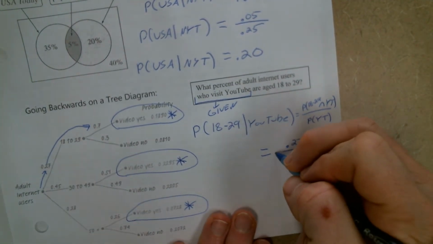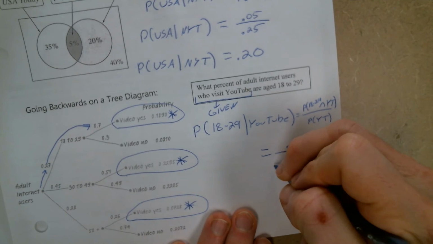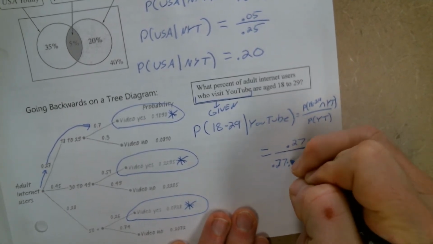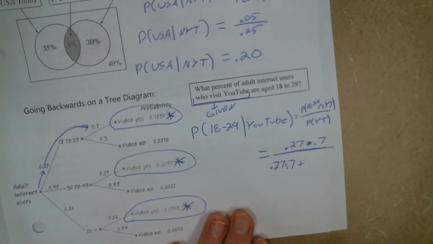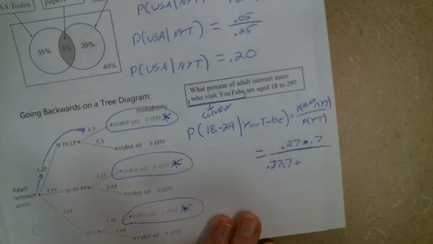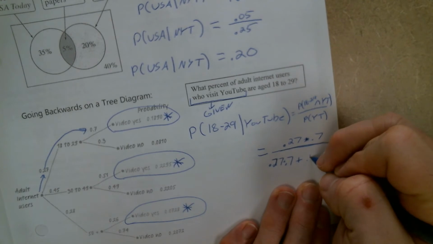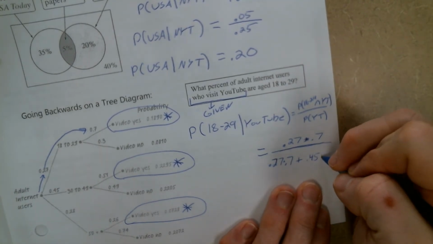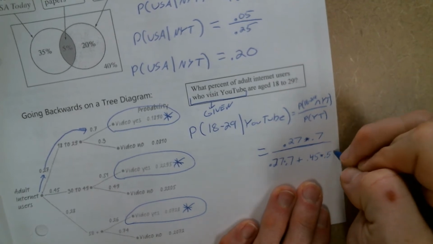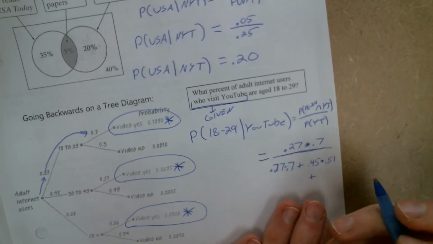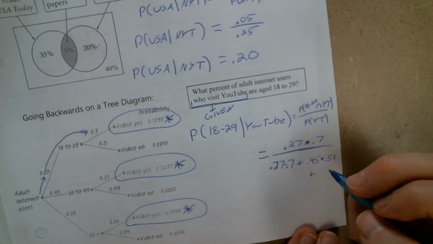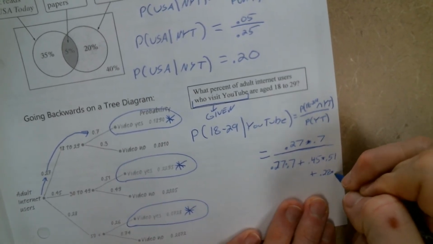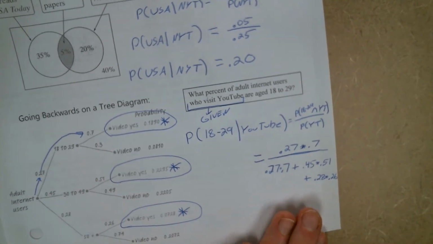So what that means is we're basically looking at 0.27 times 0.7 plus 0.45 times 0.51 plus 0.28 times 0.26.